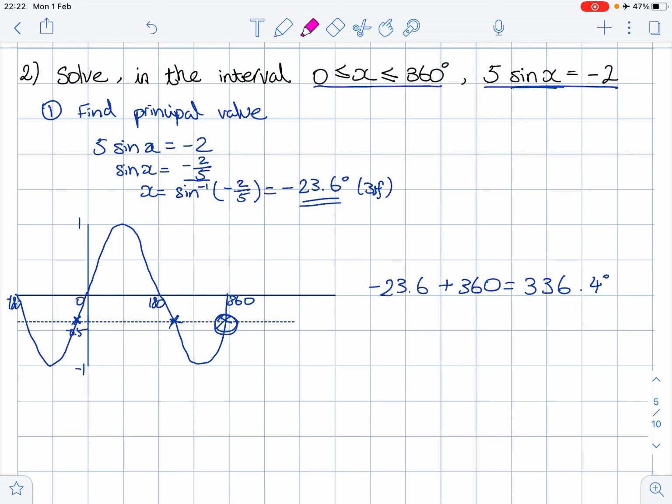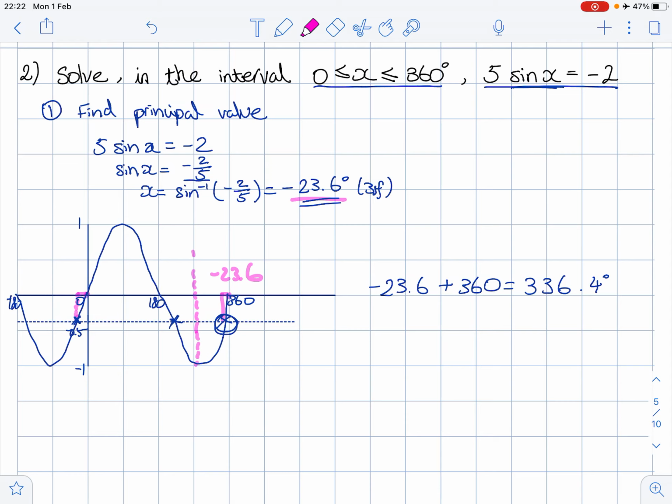Then I need to find this value as well. How I think about finding this value is that from 360 to this point here, I know the distance is minus 23.6, because the distance from 0 to this point here is minus 23.6.